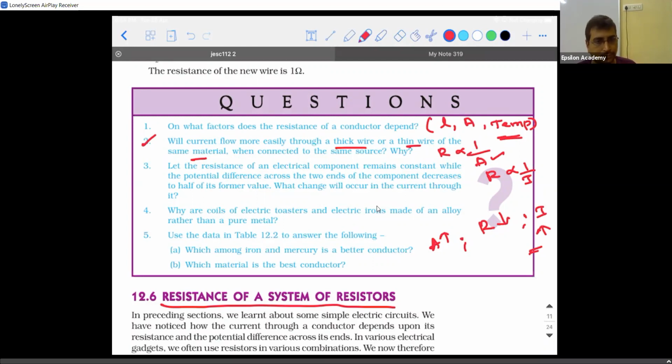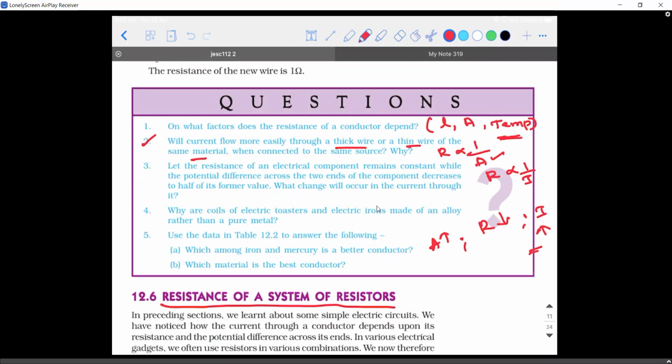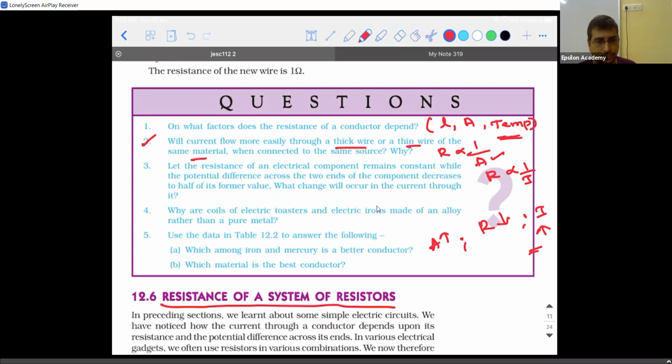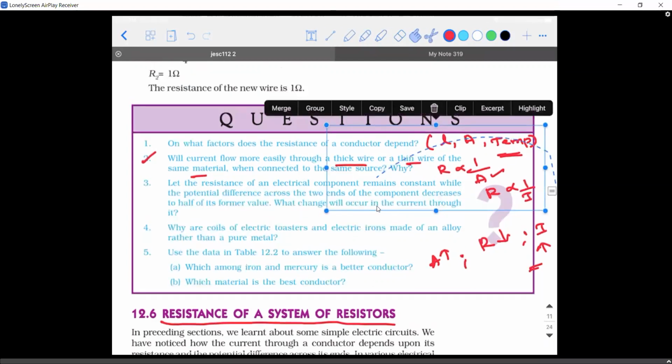Clear? Yes, sir. That's the logic. Okay. Shall I move on to the next one? Yes, sir.